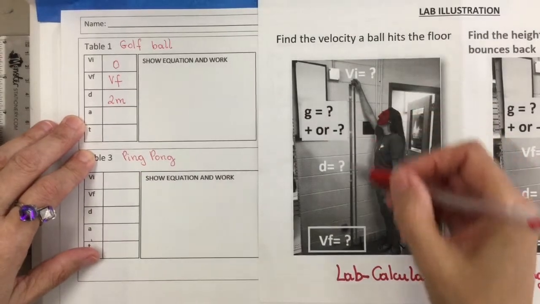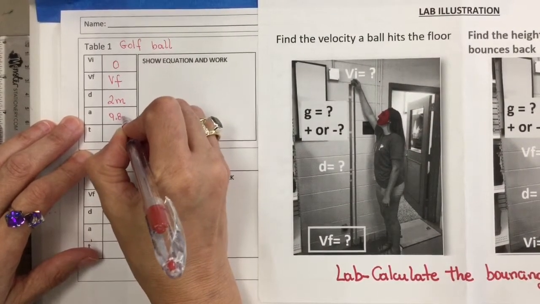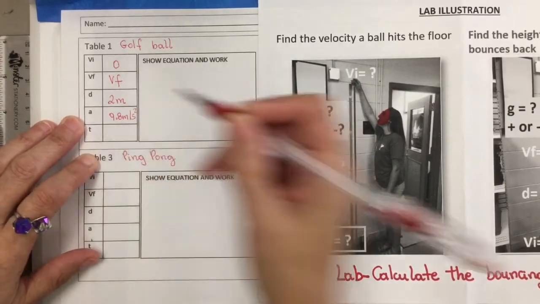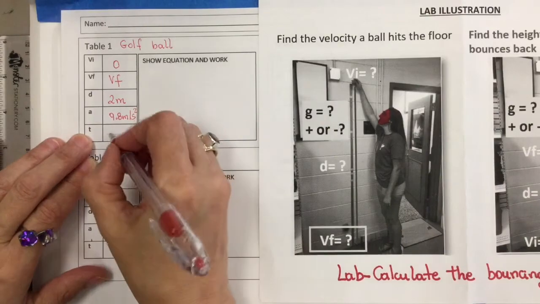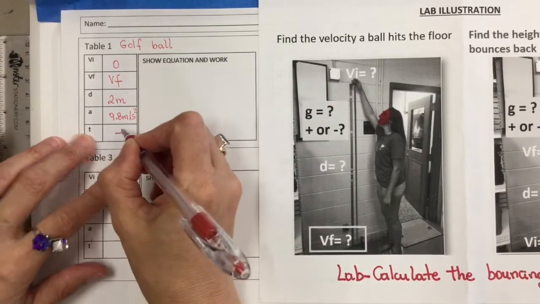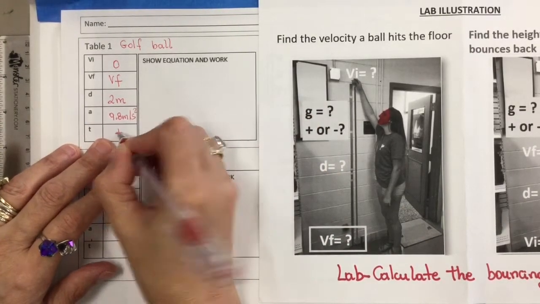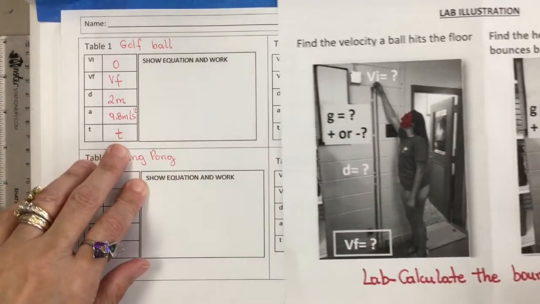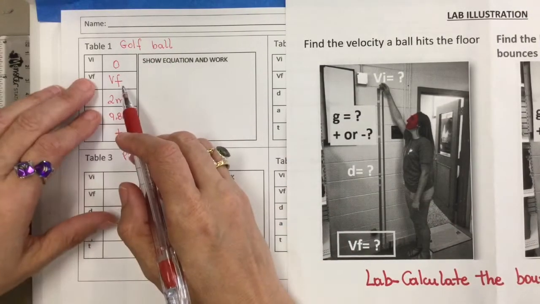Our acceleration is positive 9.8 meters per second squared because the velocity is increasing. The time we don't know, so let's put a T here. Our goal with this data is to calculate the final velocity.